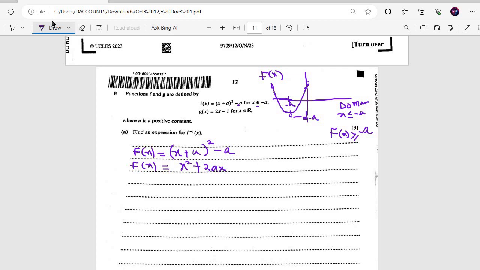The inverse is just to make x the subject of the formula. To find the inverse, the first step is to make x the subject of the formula. So let's do that first.